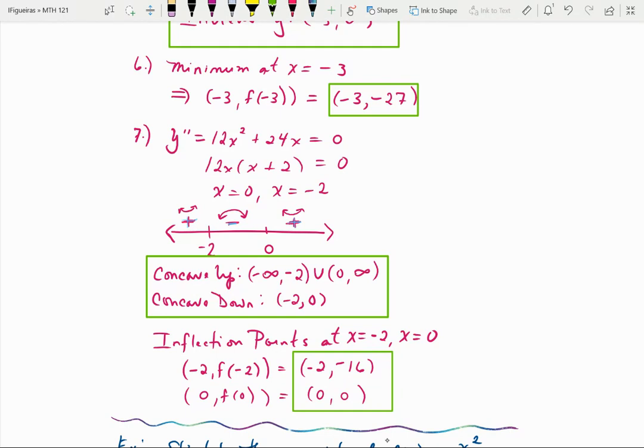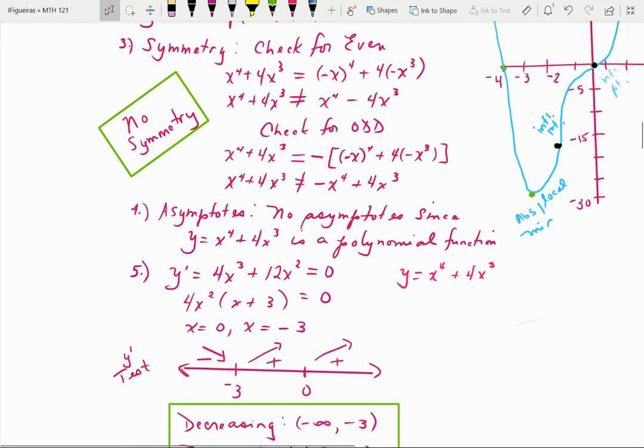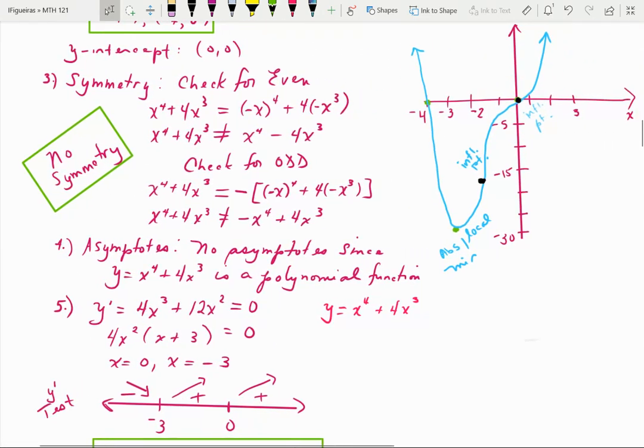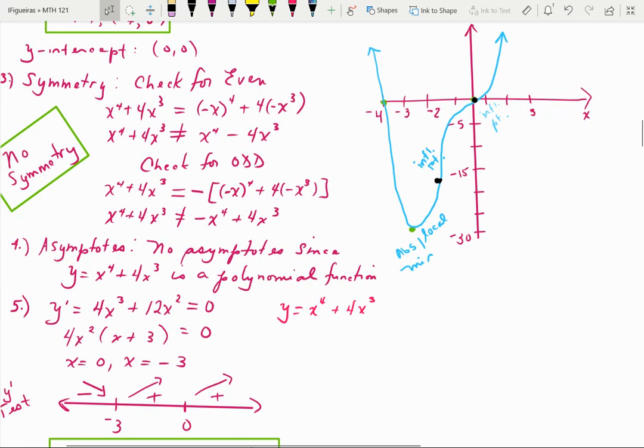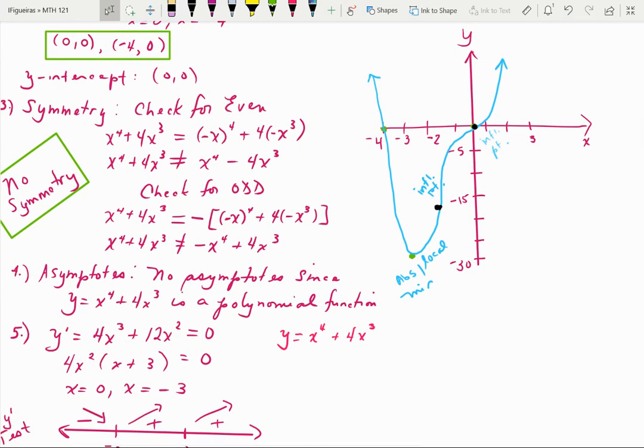All right, so we need to put all of this together in a graph, which is here on the right. I really like this example because if you only found the first derivative, you probably wouldn't get an accurate picture because concavity is a little tricky here. So I plotted my x-intercepts.